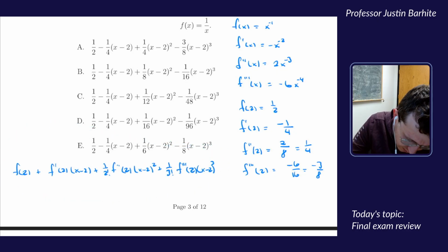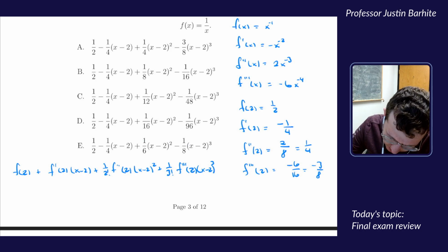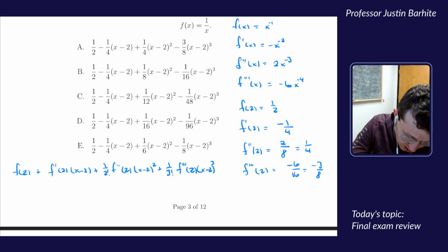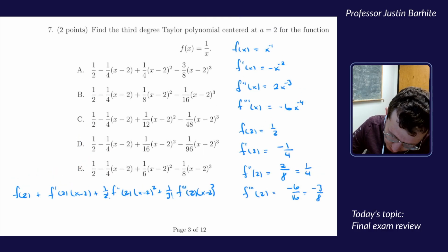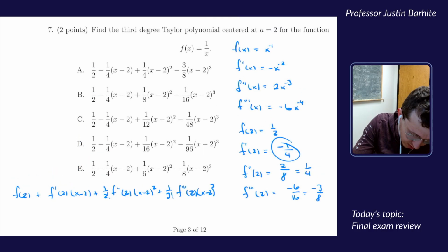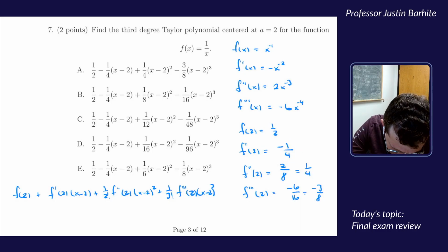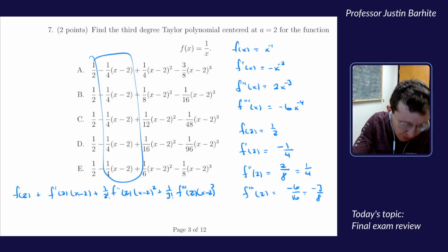That first term is 1/2. That's f of 2. I see that in all 5 options. The second term is minus 1/4 times x minus 2. I see that again in all 4 options.